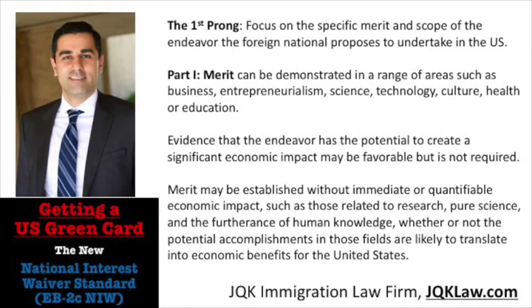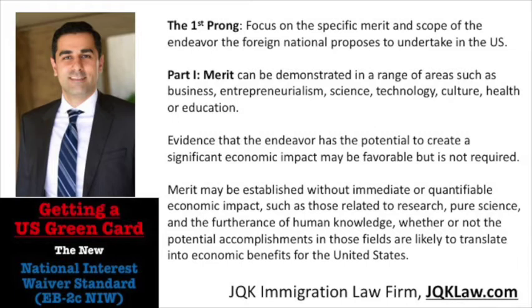The first prong focuses on the specific merit and the scope of the endeavor, the activity the immigrant would do and proposes to undertake in the United States. We could break the first prong into two sections. First, the merit. Merit can be demonstrated in a range of areas such as business, entrepreneurialism, science, technology, culture, health, or education.